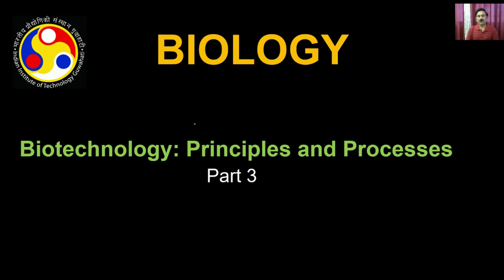And if you recall what we have discussed in our previous lecture, biotechnology utilizes two different principles. Either it utilizes genetic engineering as a tool to generate genetically modified organisms, or it utilizes bioengineering or bioprocess technology to enhance production from the organism.